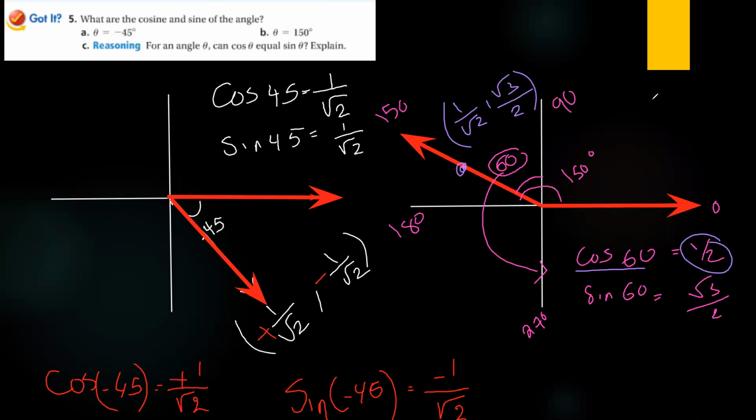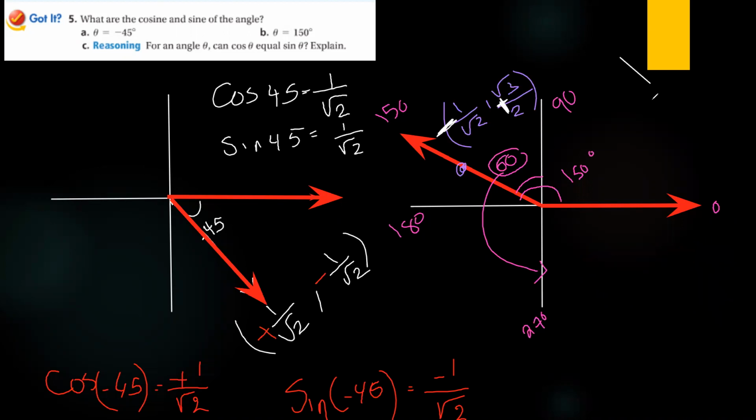We know that at quadrant 2, only the sine is positive. So this is the sine, and this is the cosine. So I change now the coordinates of angle 150. Is it clear? Yes.